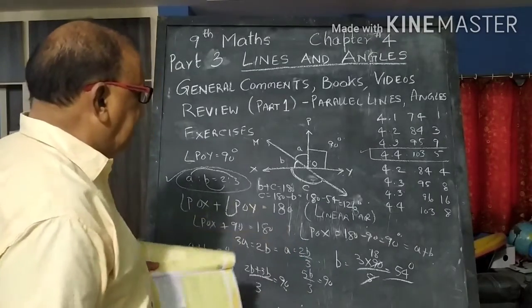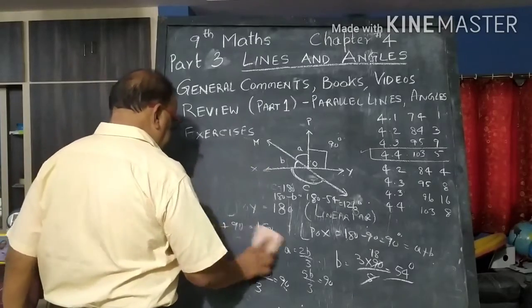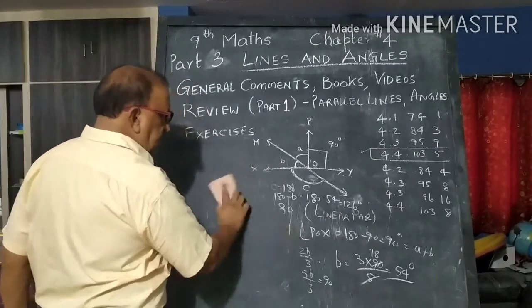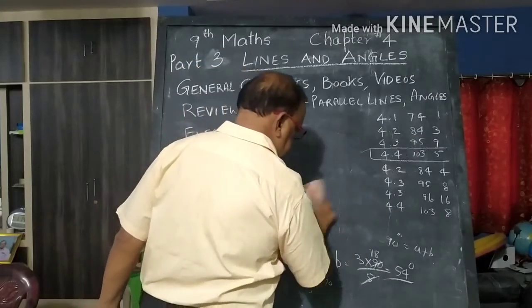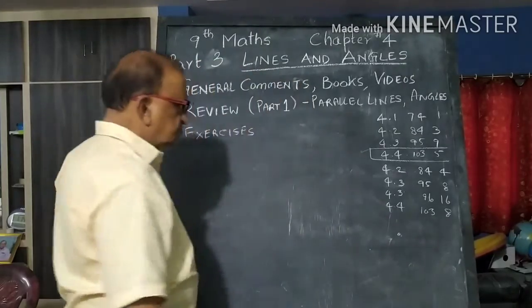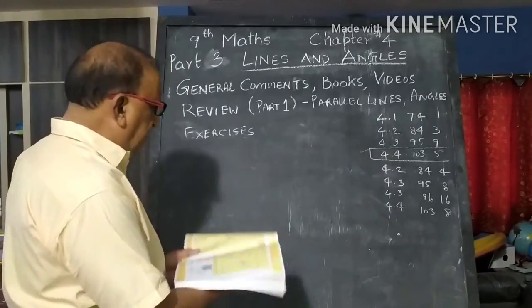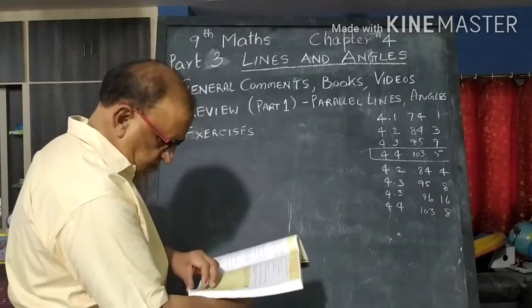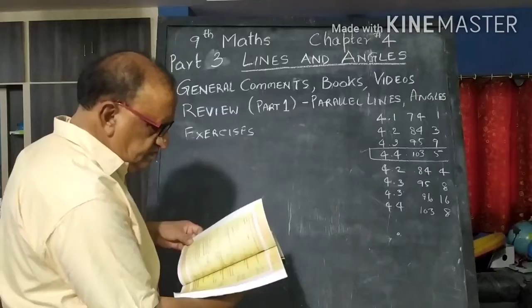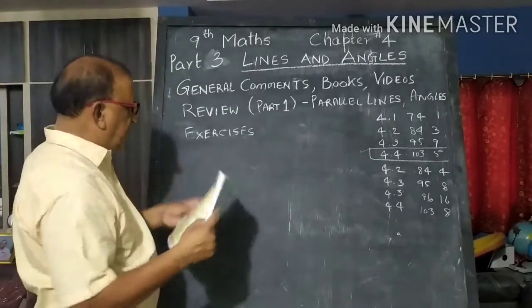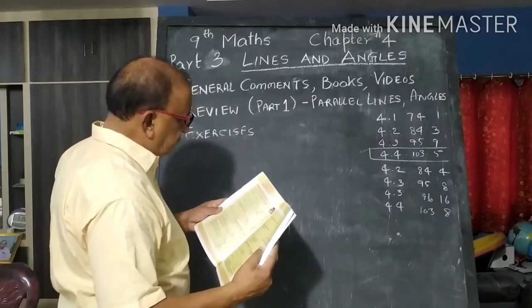This is in 84. Then next one is, let me see. Okay? Next one is 85, 4.3, 95. Okay? 4.3, 95, problem number 8.